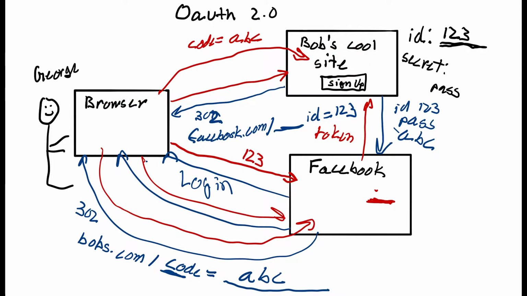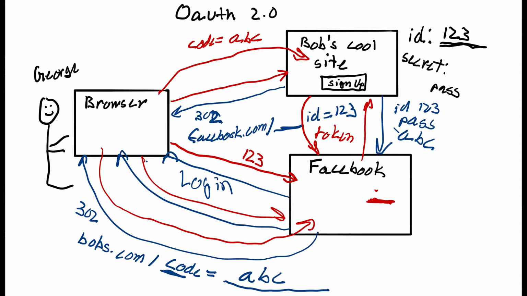Now, the final step in this is, now that Bob's cool site has the token, he can use the token to communicate with Facebook and say, can I have George's personal information, like his email and his name, and anything else that I might want to collect about George?